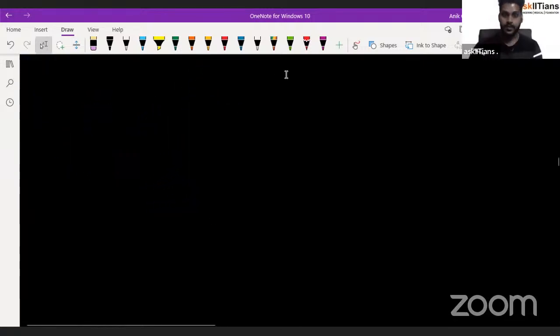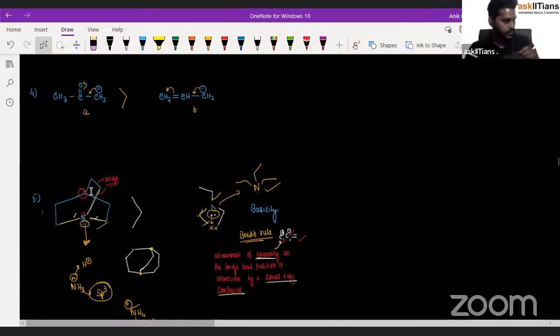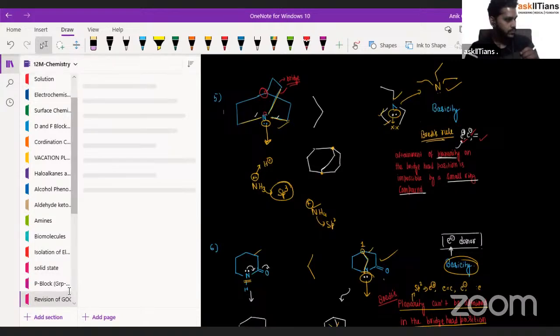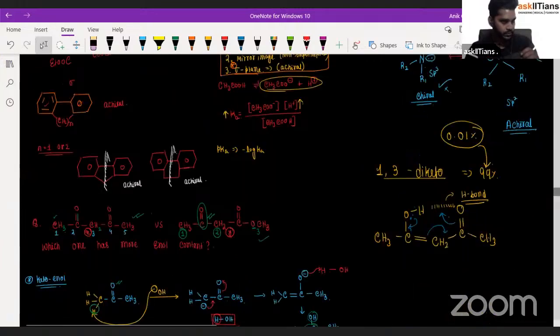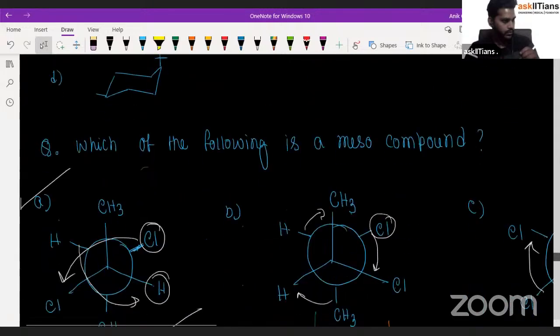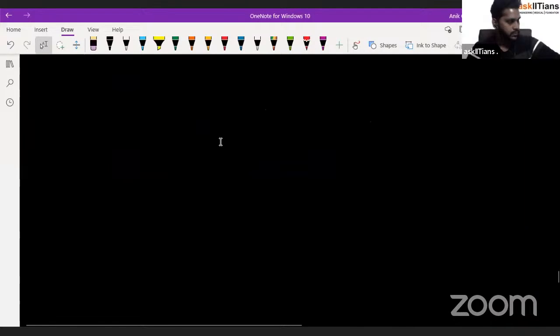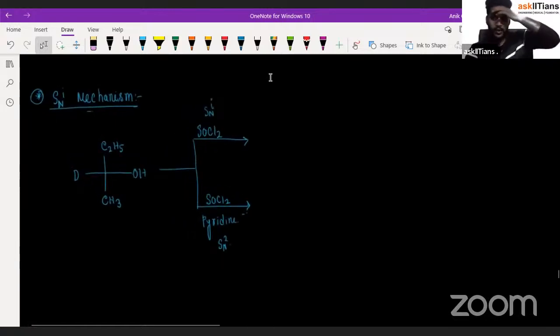Now, before I start the name reactions, there is something we have to talk about first: the SN1 mechanisms. This is what we are going to talk about first.